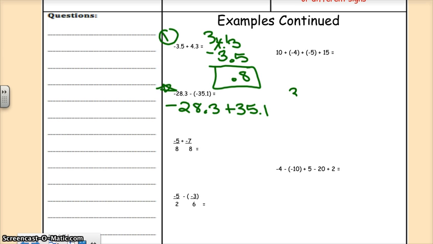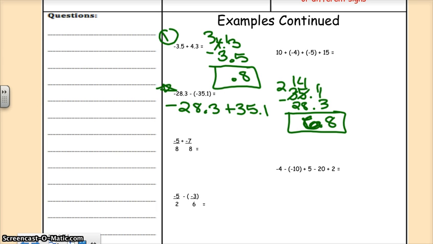Opposite signs, so I take their difference. Which is further from 0, negative 28.3 or 35.1? 35.1. So it will be positive.